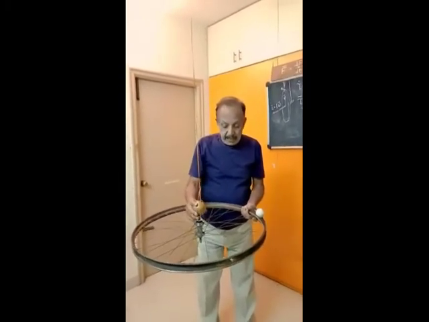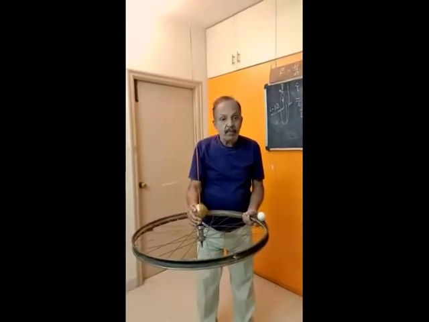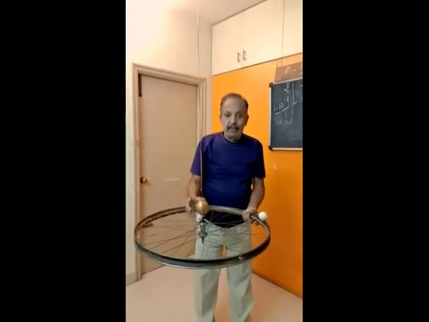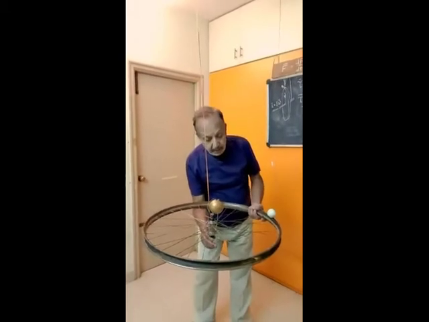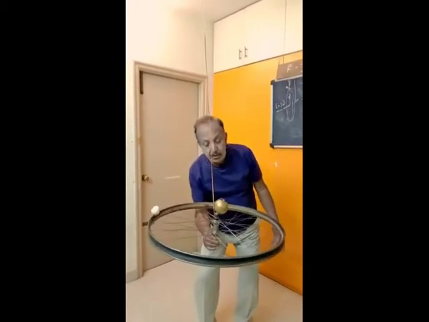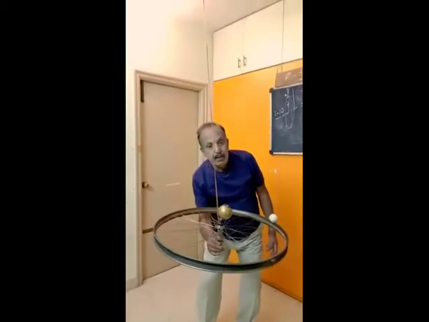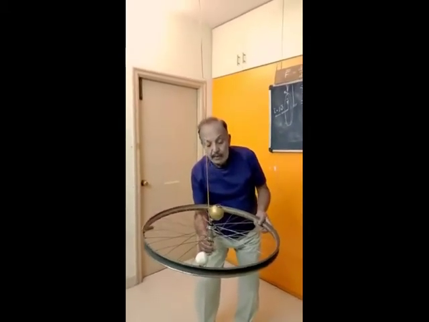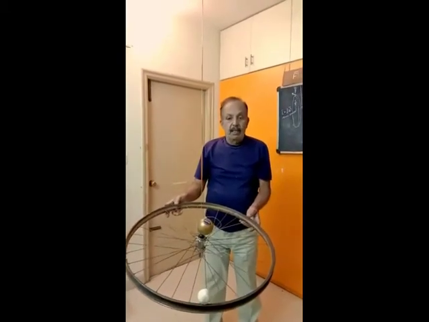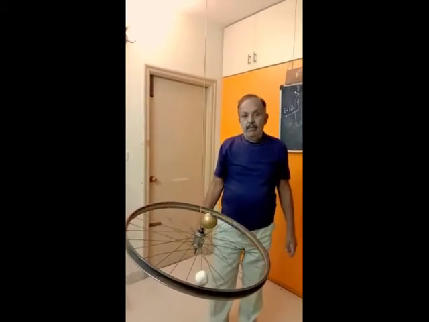And because of this, R cross F becomes 0. And when R cross F is equal to 0, angular momentum is conserved. So the plane in which the earth goes round and round the sun also remains constant. See, what a great implication the law of conservation has on the movement of heavenly bodies.